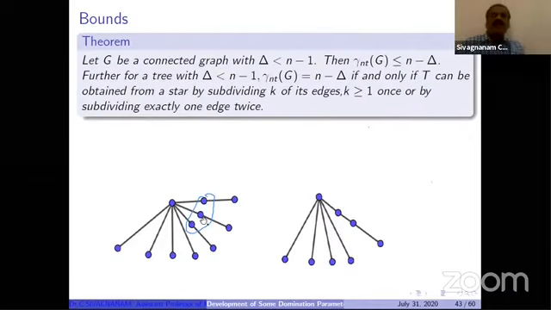Even if you subdivide all the edges, for that type of graph the gamma nt value is n minus delta. And this is also obtained from the star graph, with one edge subdivided twice by two vertices. So this graph also has gamma nt value n minus delta.